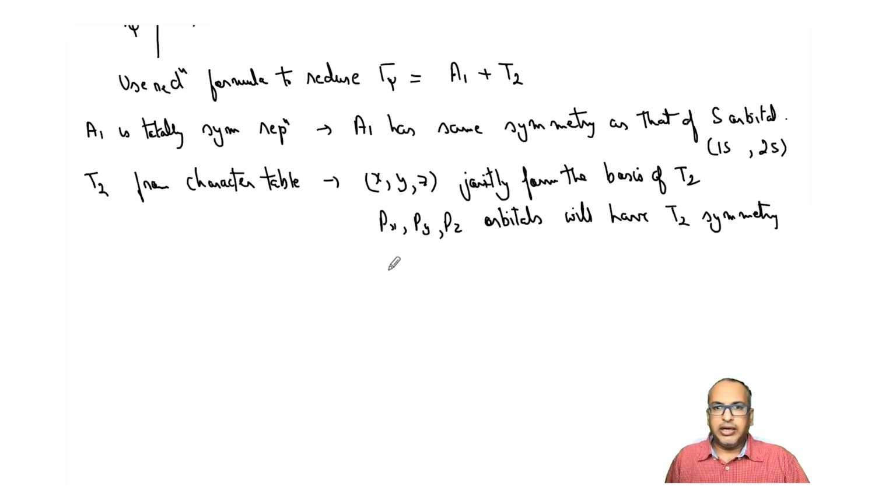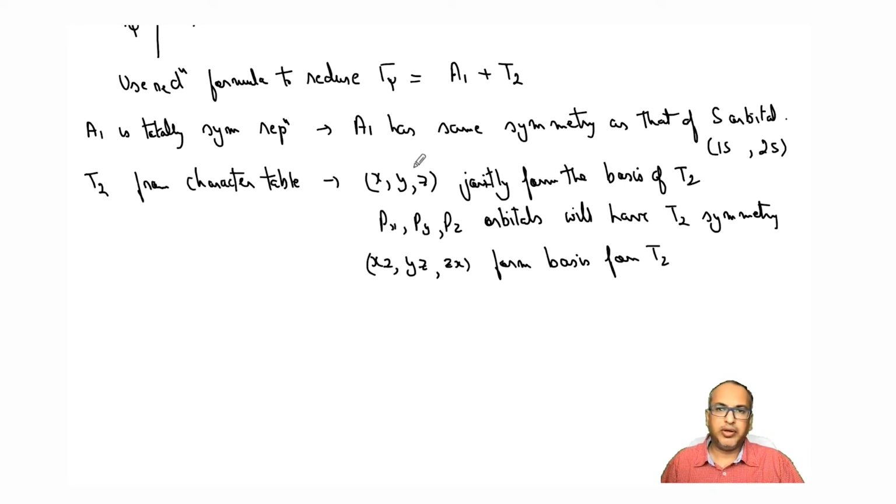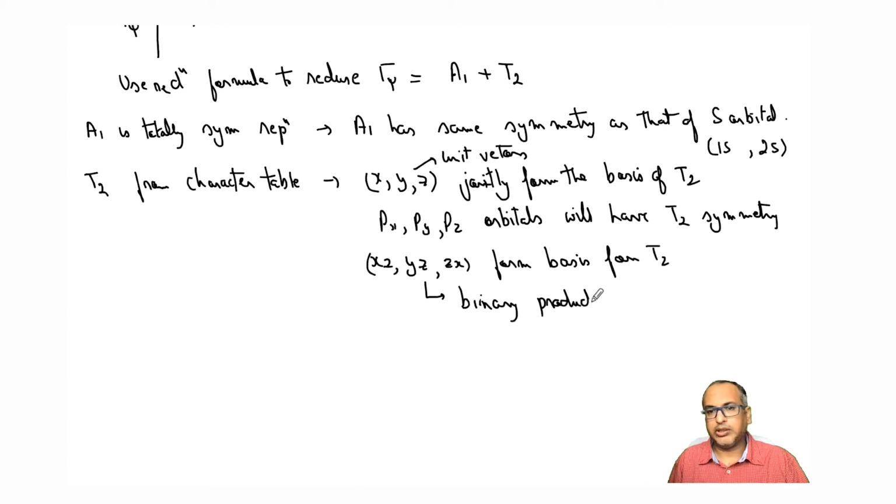Now if we also see that xz, this is again from character table, yz and zx, they will also form basis for T2. So this comes from the unit vector transformation and this comes from the binary products, as the basis, right?